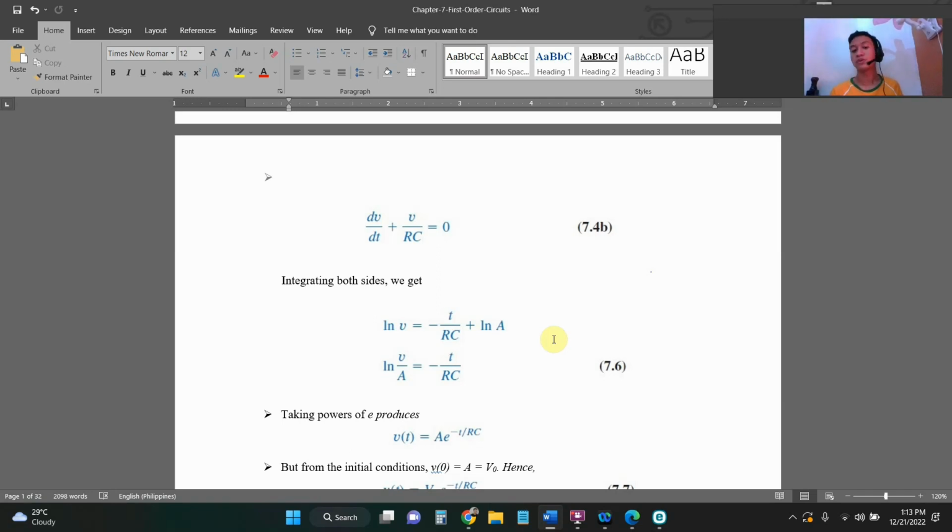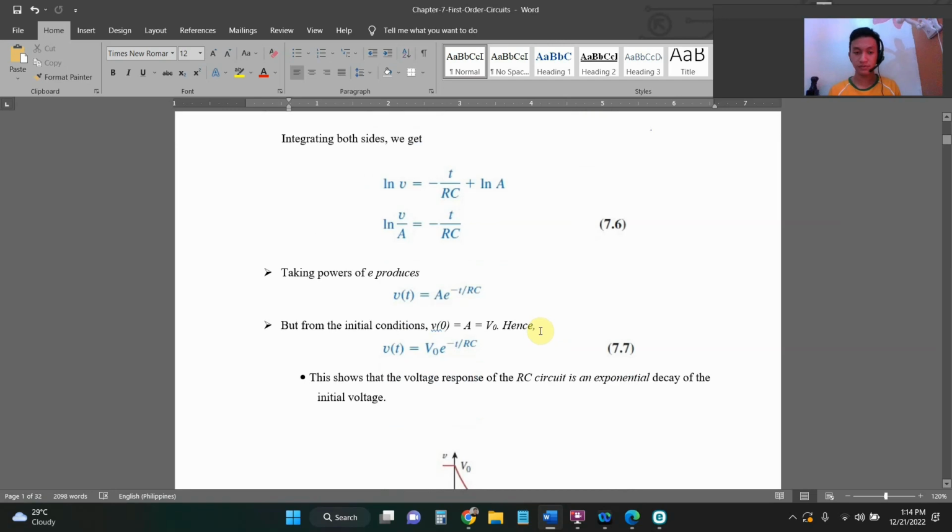Taking powers of e produces v(t) equals A e raised to negative t over RC. From the initial condition, v(0) equals A, so A equals V sub 0. Hence v(t) equals V sub 0 e raised to negative t over RC.